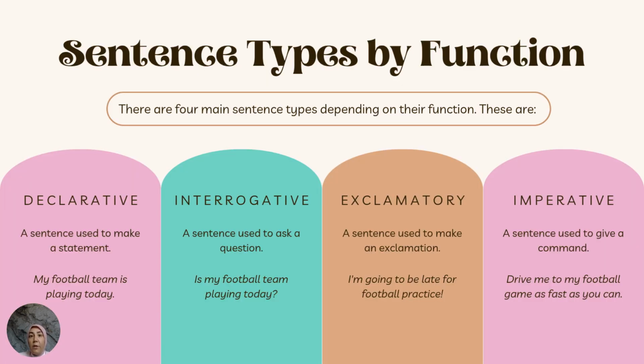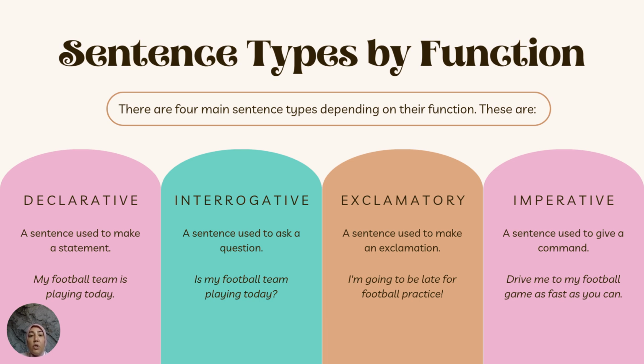Sentence types by function. As we promised at the beginning, by the end of this video lecture, you will become aware of four sentence types by their function and by their structure. So here are the four of them by function, classified by function. Sentences can be declarative, interrogative, exclamatory, and imperative.